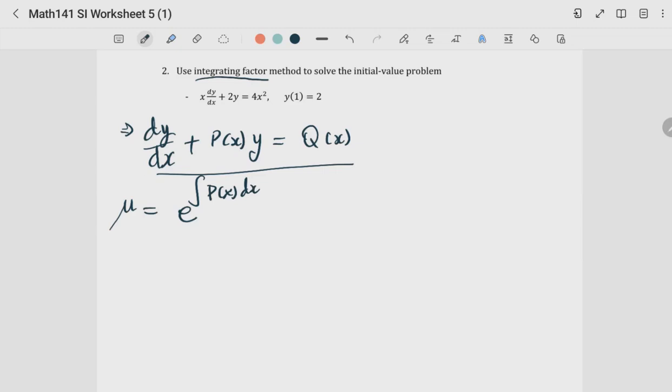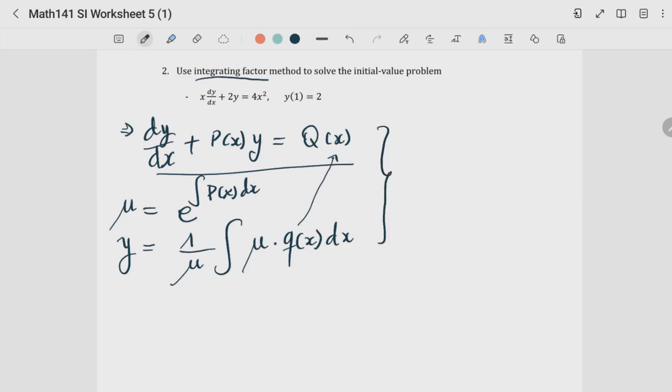And as soon as we find mu, our final solution will be y being equal to 1 over mu multiplied by the integral of mu times q of x dx. So the combination of these three processes gives us the method that's called the integrating factor method, or IF, which is usually how it's represented in the literature.